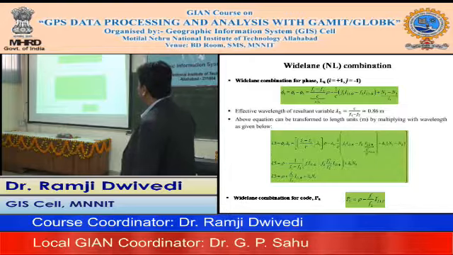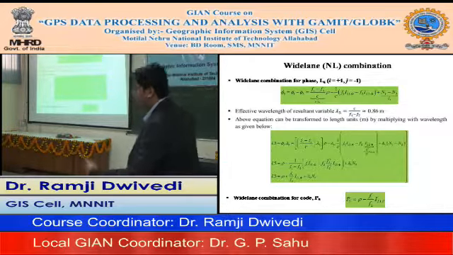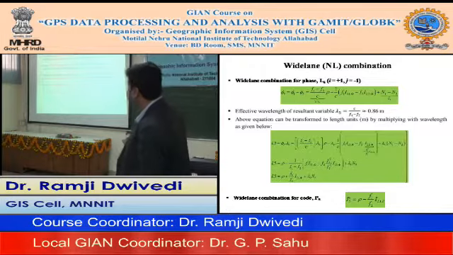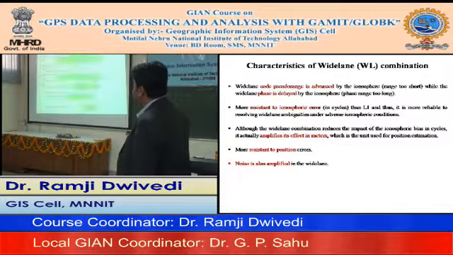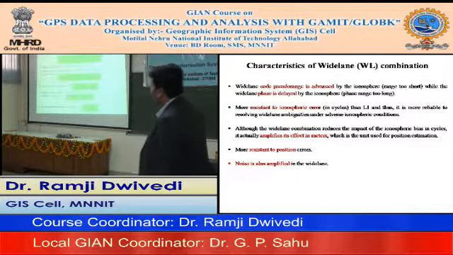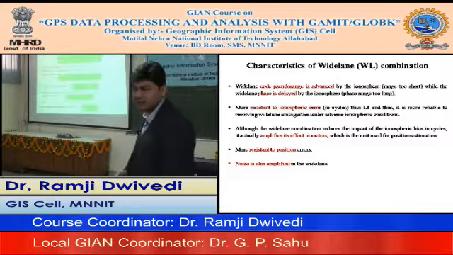So what we are doing is using these linear combinations to get new effective wavelengths, and a similar combination can be performed for code. These are the characteristics of wide lane combinations. Similarly, in the narrow lane combination, you try to increase the frequency so the effective wavelength is reduced.